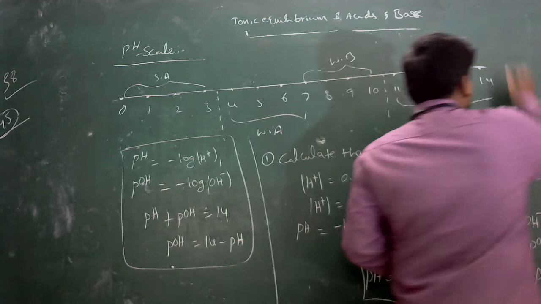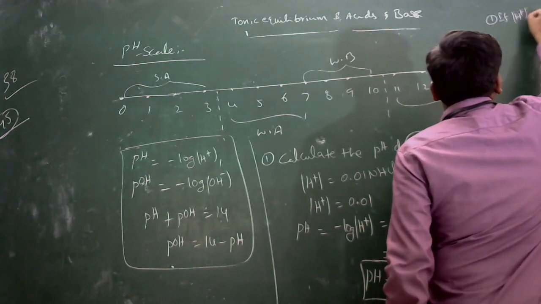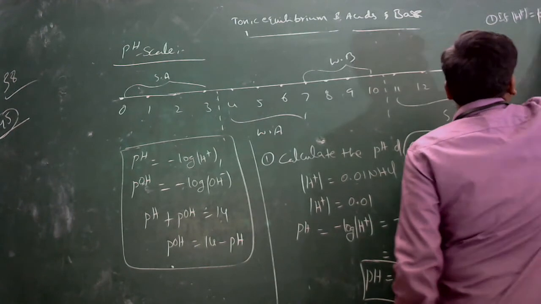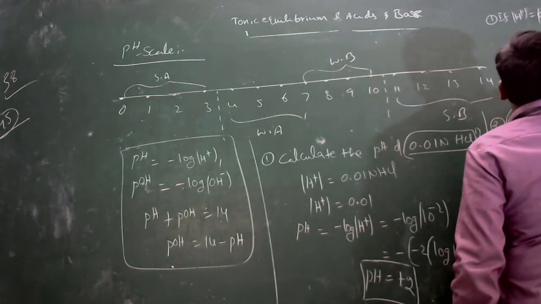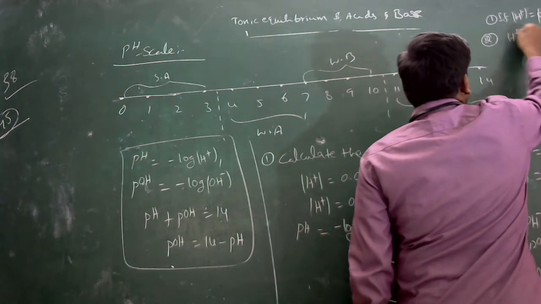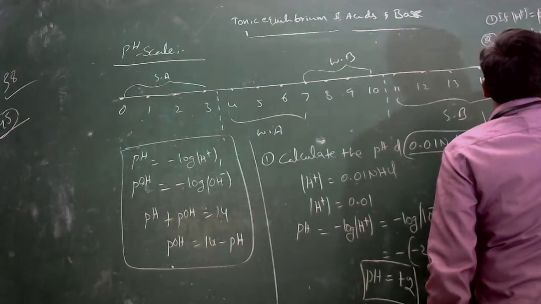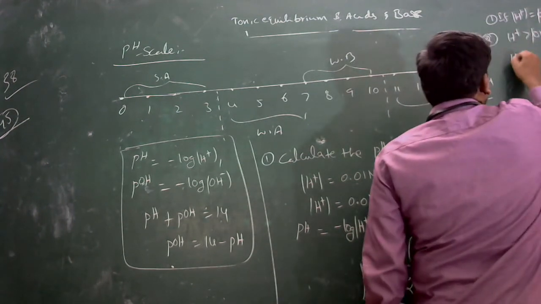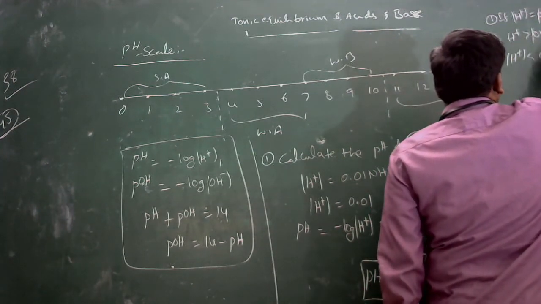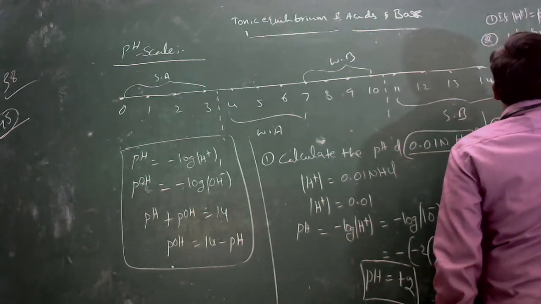And other cases: if H plus concentration is equal to OH minus concentration, then the solution is a neutral solution. If H plus concentration is greater than OH minus concentration, the solution is a basic solution. If H plus concentration is less than OH minus, then the solution is an acidic solution.